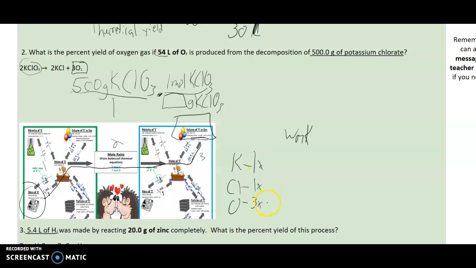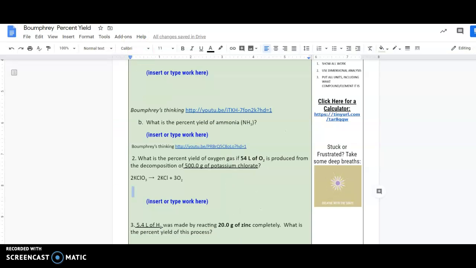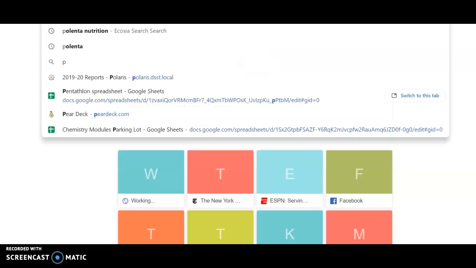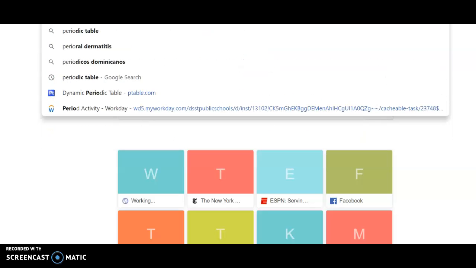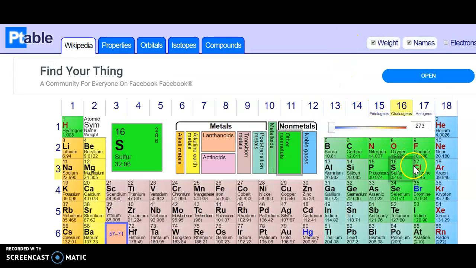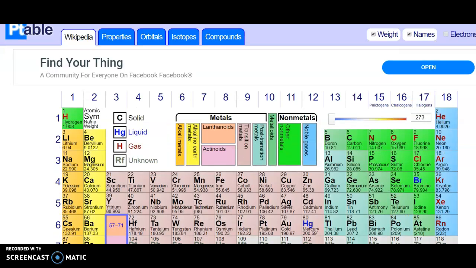Times oxygen, I just have memorized 16. I don't have chlorine memorized. I'm gonna take a guess, 32. Let me check the periodic table. Did I say I thought it was 32? Nah, that's way off. It's 35.45.